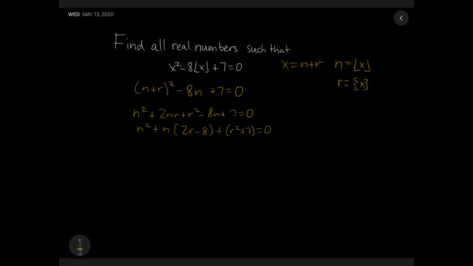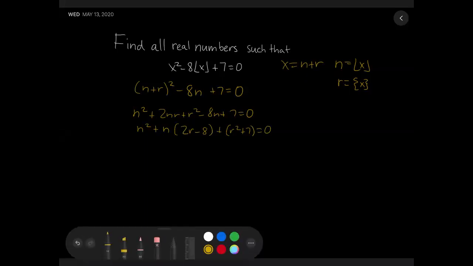Now the reason we did that is so we have a quadratic formula for n. This looks like our ax^2 + bx + c form, right? Let's make this a little bit cleaner. Remember how we proved the quadratic formula by completing the square? We're going to do the same thing here.